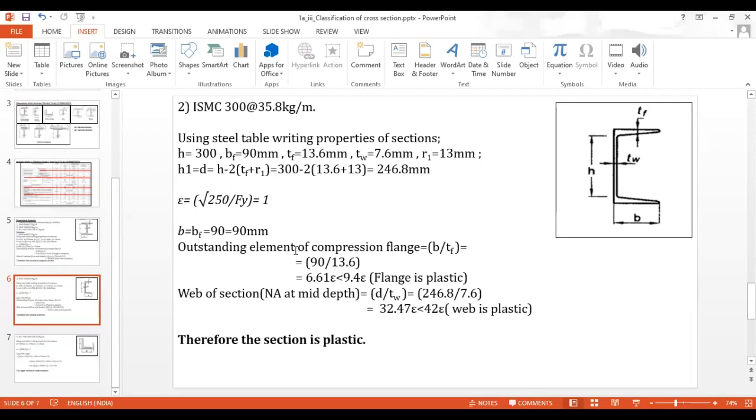Hence the outstanding element of a compression flange, the ratio of B upon TF, is 90 upon 13.6, and this ratio is less than 9.4 epsilon, hence the flange is plastic. Then the web criterion is the ratio of d upon tw. We got the value as 32.47 epsilon, hence the web is plastic.